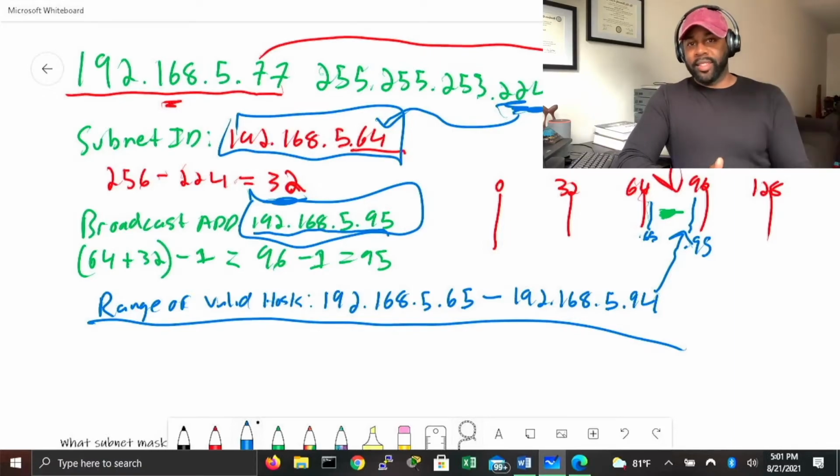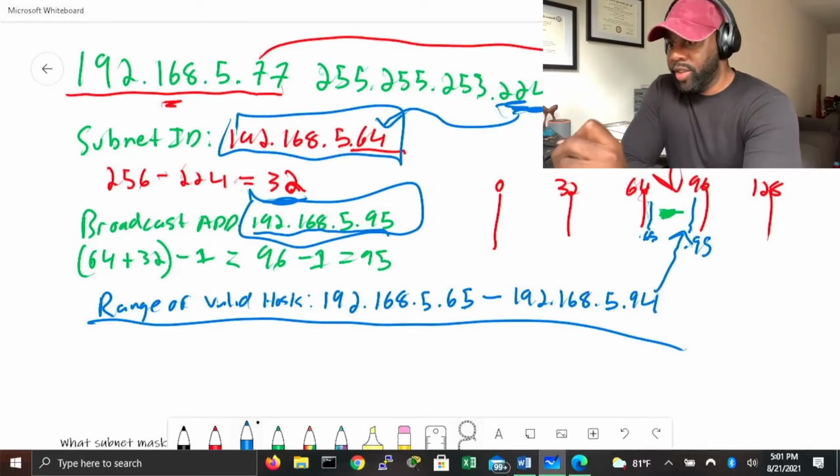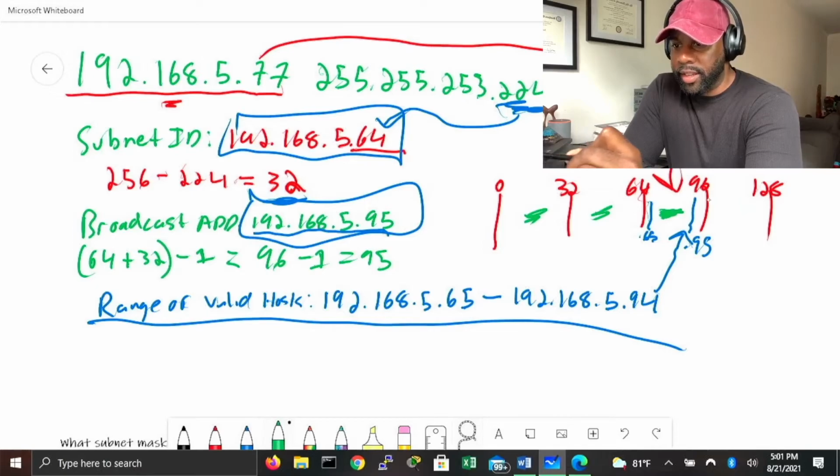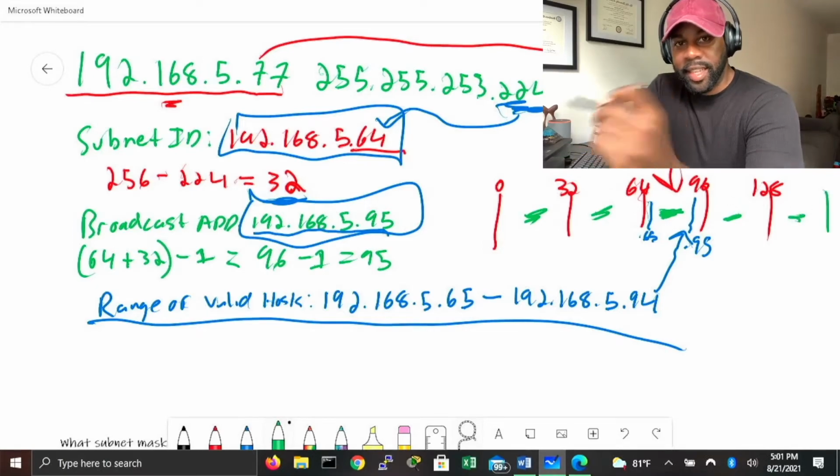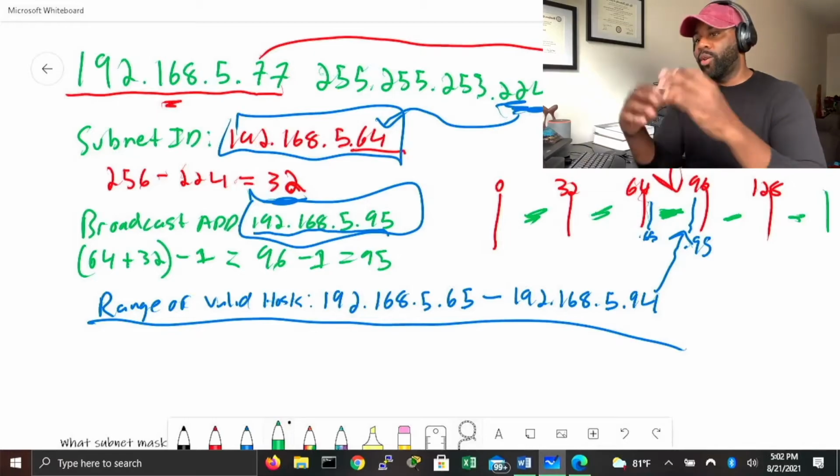And this is where the whole pizza analogy comes in as well. You can think of each of these as a slice of pizza. That's where that whole idea comes from.